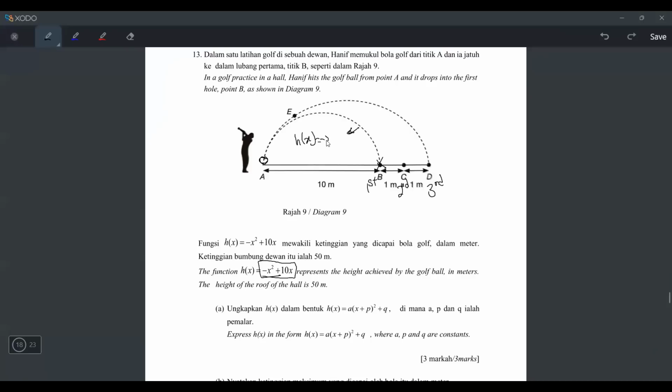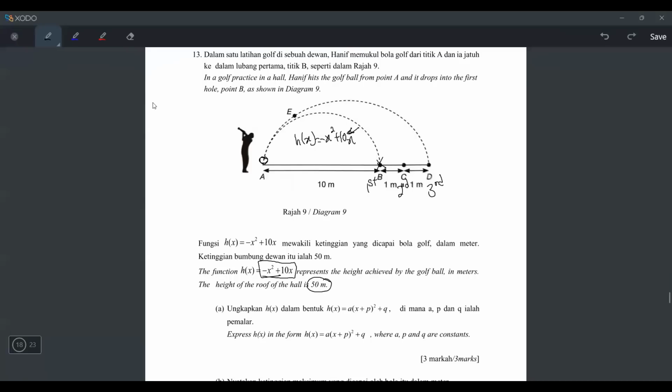Because they mentioned Hanif hit the ball from point A and it drops into point B, it means this movement is the movement of the ball that Hanif hit. Now they suddenly say this function represents the height achieved by that ball. So definitely this equation is for this curve. And then they say the height of the roof is 50 meters. This one we will worry about later.